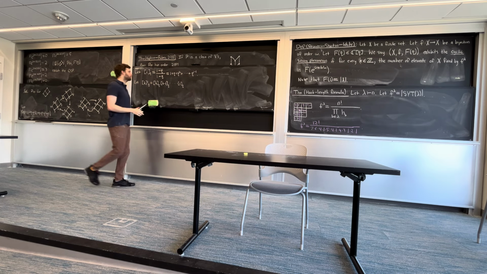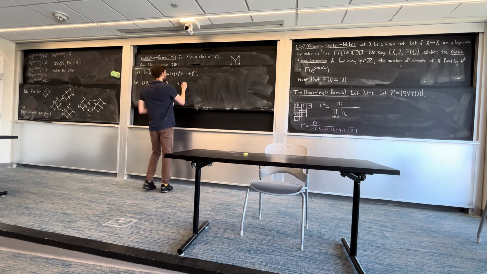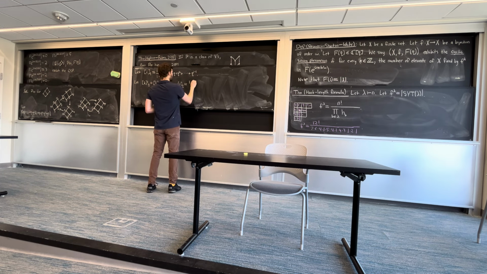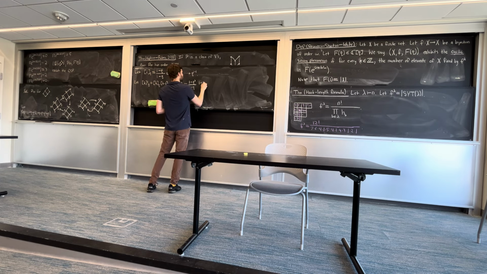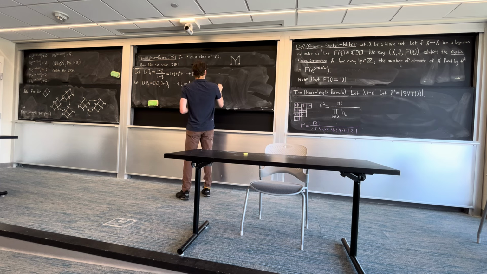So just all the integers from k down to 1. So this would be 1 minus q to the k over 1 minus q, times 1 minus q to the k minus 1 over 1 minus q, and so on to 1 minus q over 1 minus q.